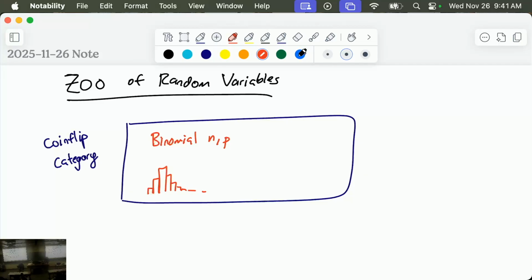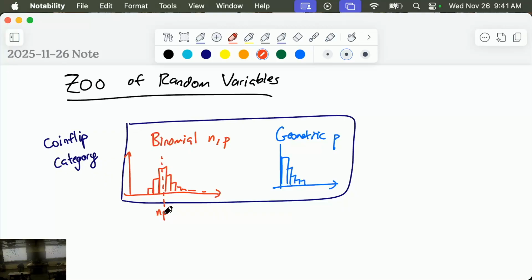And then there was also the geometric. That only depends on p. The geometric is this one that goes down, down, down, and it starts either at 0 or at 1, whereas the binomial is centered somewhere around its mean, which is n times p.